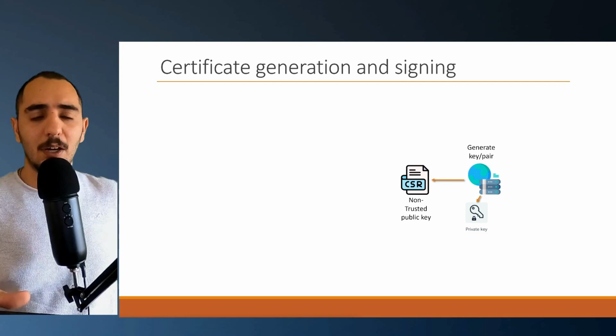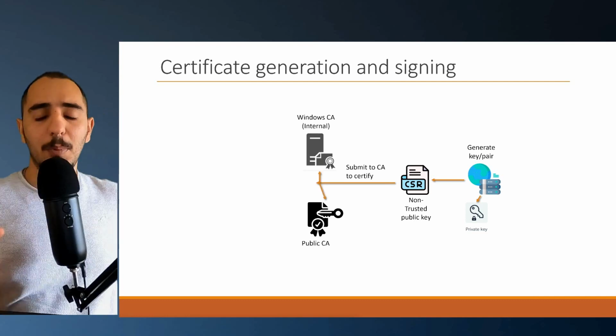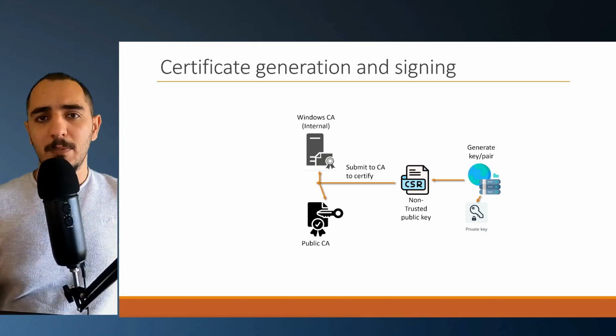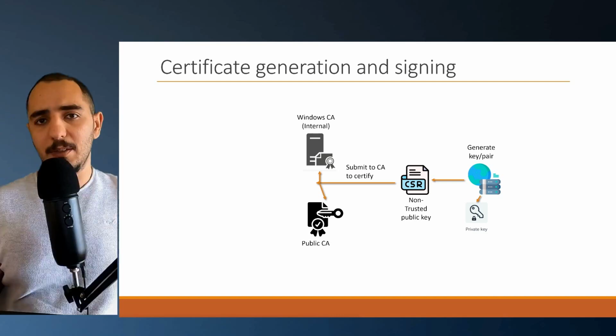Now this CSR has to be signed by a public CA, in case I'm publicly hosting my website and I want it to be trusted by the users. So I would pay a public CA some money to sign this certificate, right?